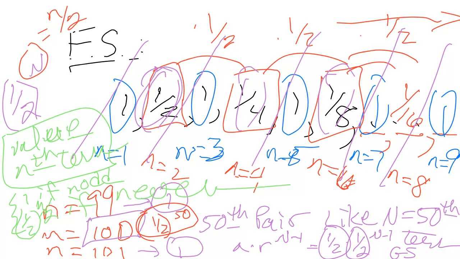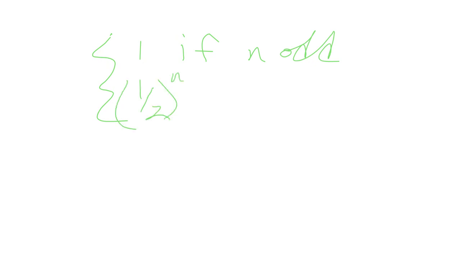So let me just rewrite it. The value of the nth term would be 1 if n is odd, and it would be 1/2 to the little n over 2 power if n is even. Make sense?